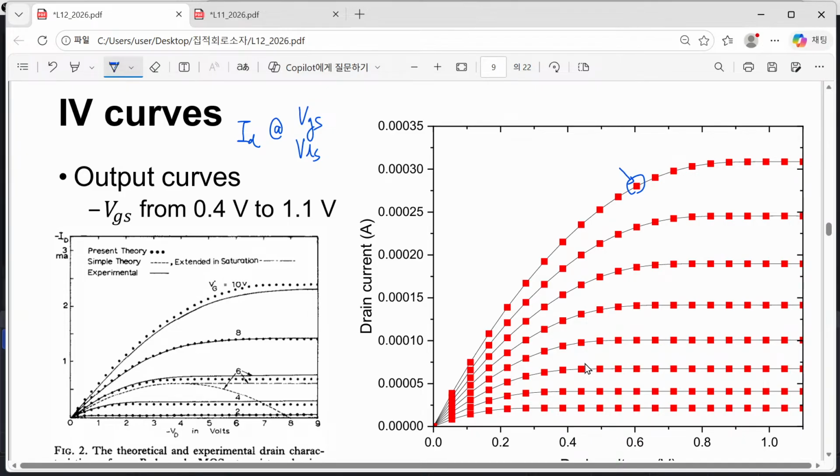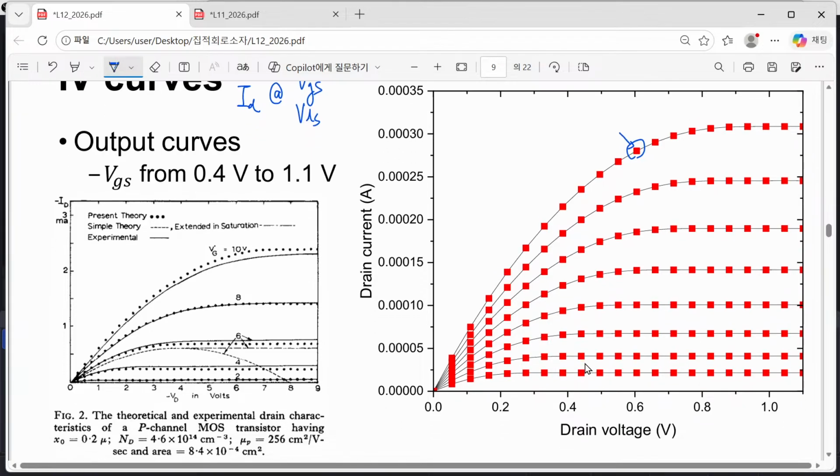So the graph shown here means that I have done it so many times with different pairs, different values of gate voltage and drain voltage. I just calculate it and plot them all.